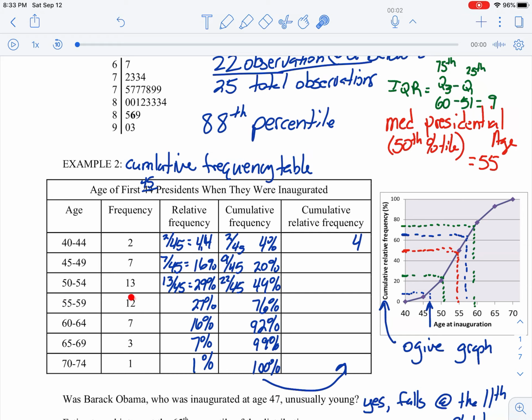So the 23rd falls in that category, but because I'm not looking at individual pieces of data, I don't know where it falls. We decided that it fell at age 55, because that's where it came out of my ogive graph. But I've rambled on probably longer than I needed to, so that covers page 1 of our notes.